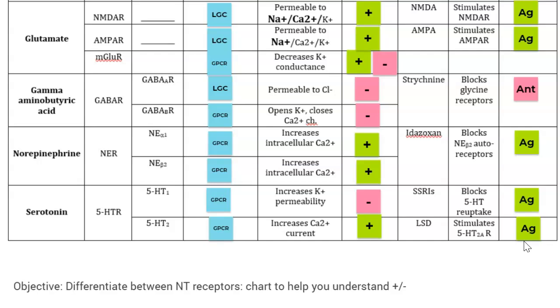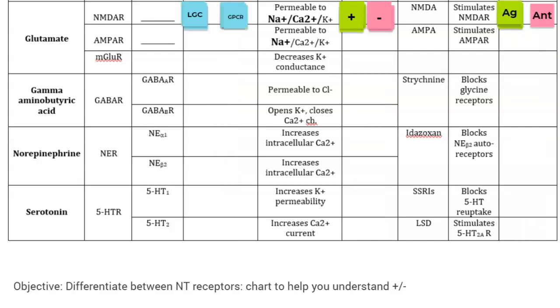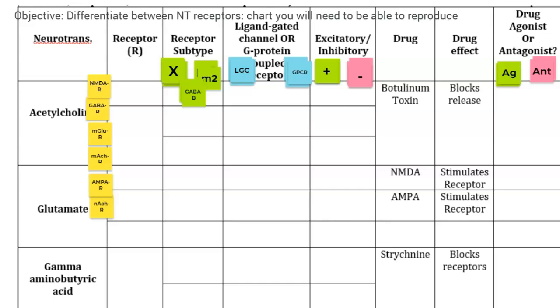And then what I also have is, because I don't want you to be able to just reproduce this, I wanted you to use this as a tool in order to understand over here and over here. I've also given you the chart in a way that you would need to be able to reproduce it on an exam, except I don't want to show you the answers yet.